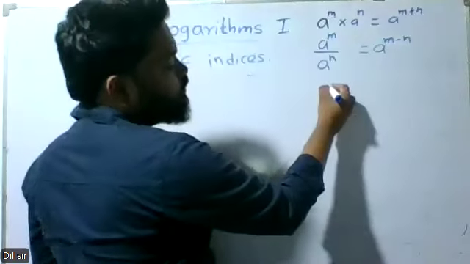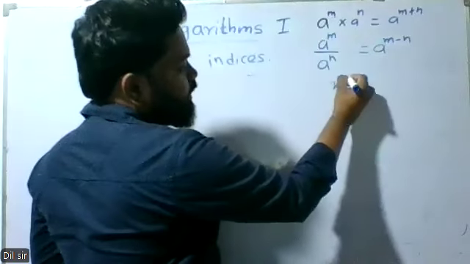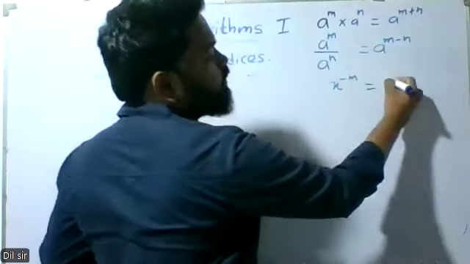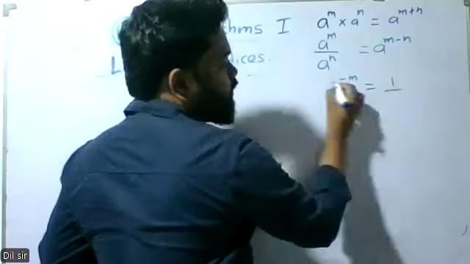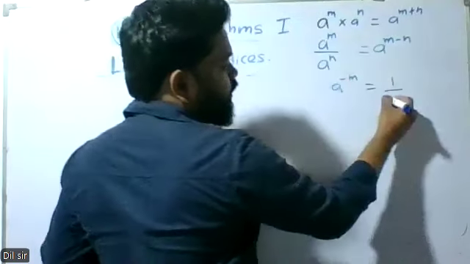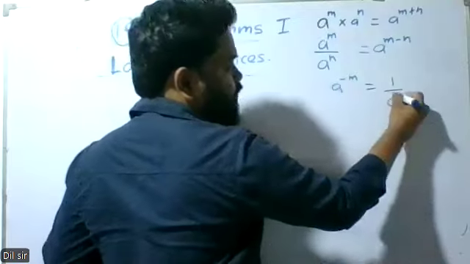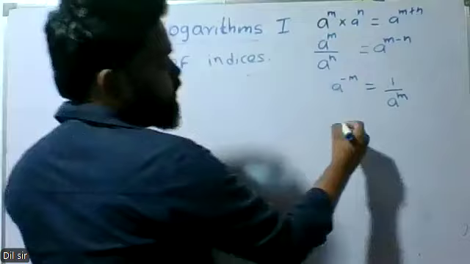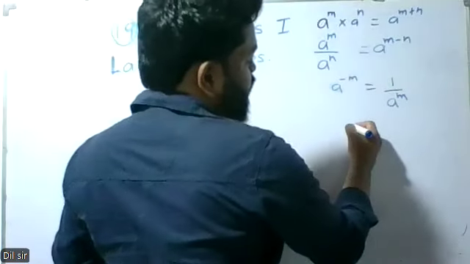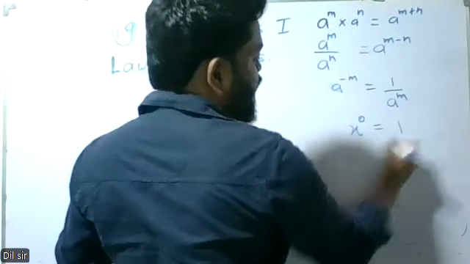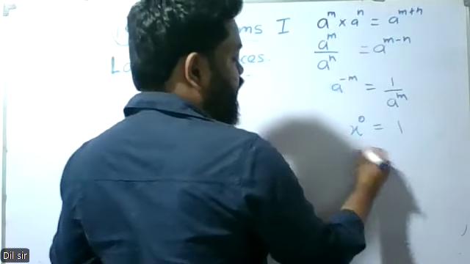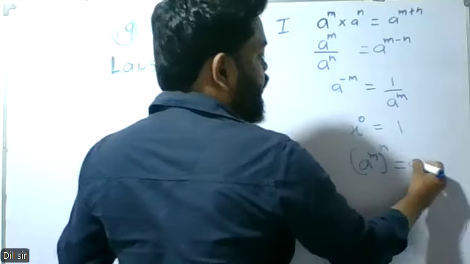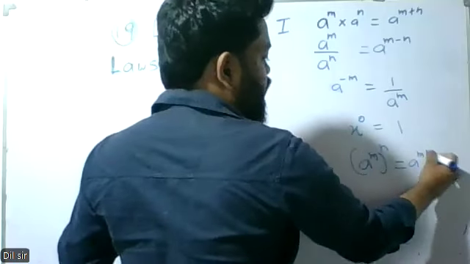What is the next law? x to the power minus m equals 1 over x to the power m. Next one, x to the power 0 equals 1. Power of a power: a to the power m, to the power n, equals a to the power mn. These are the laws of indices.